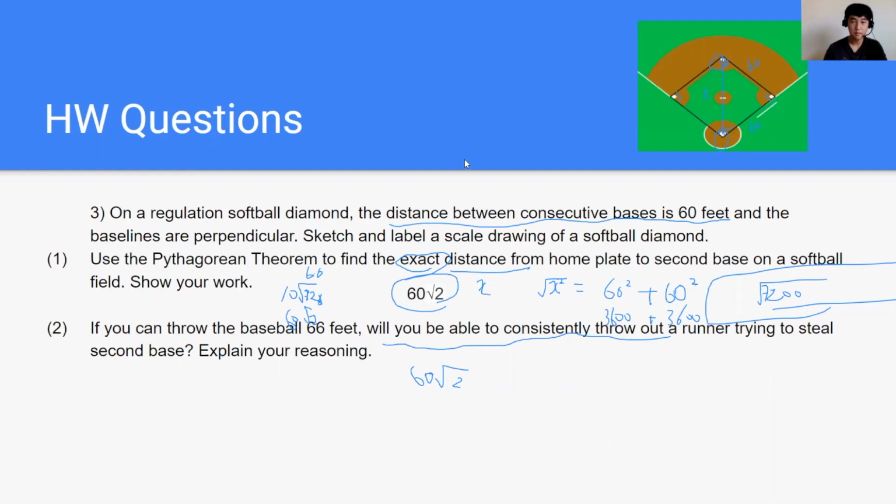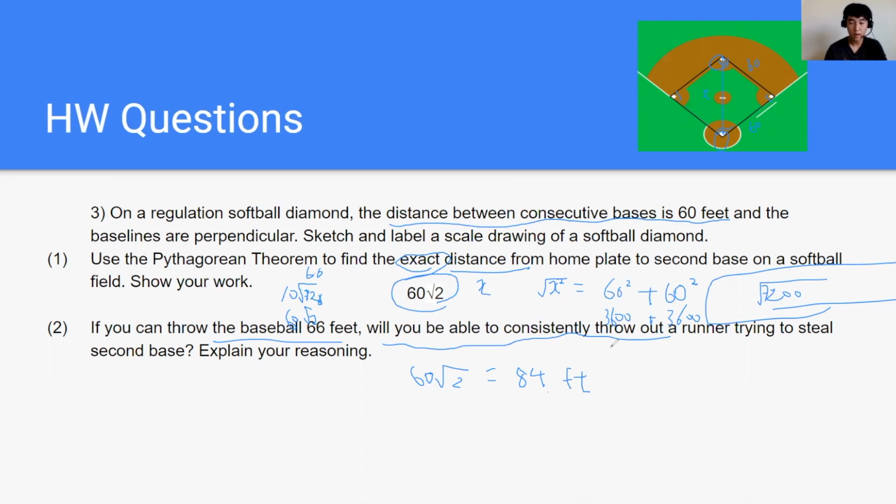Okay, this is 84. About 84. But if you can throw the baseball 66 feet, it will not reach second base because home base to second base is 84 feet.